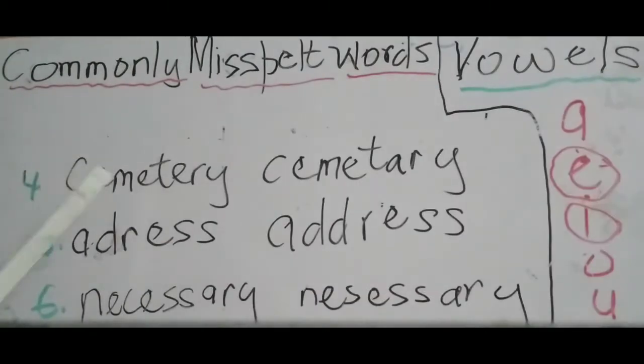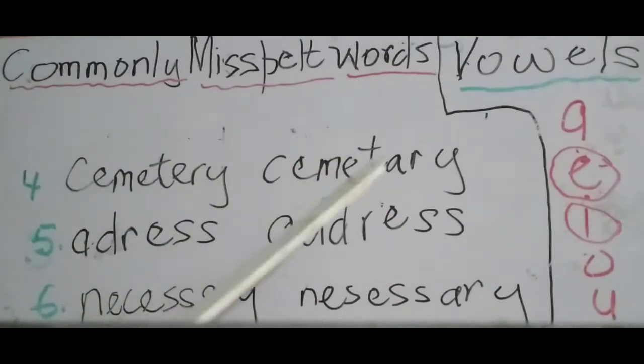Now let's continue. Number 4, we have cemetery. We have C-E-M-E-T-E-R-Y and we have C-E-M-E-T-A-R-Y. You have another word in mathematics which begins with an S, and you call that symmetry.